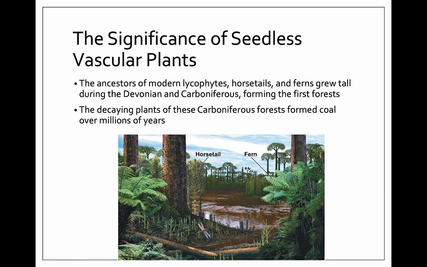During the Devonian and the Carboniferous periods of the history of Earth, there was a wide diversity of really tall ferns and horsetails that lived in these large swampy environments. But as the planet got drier, the globe cooled down and glaciers started to form.